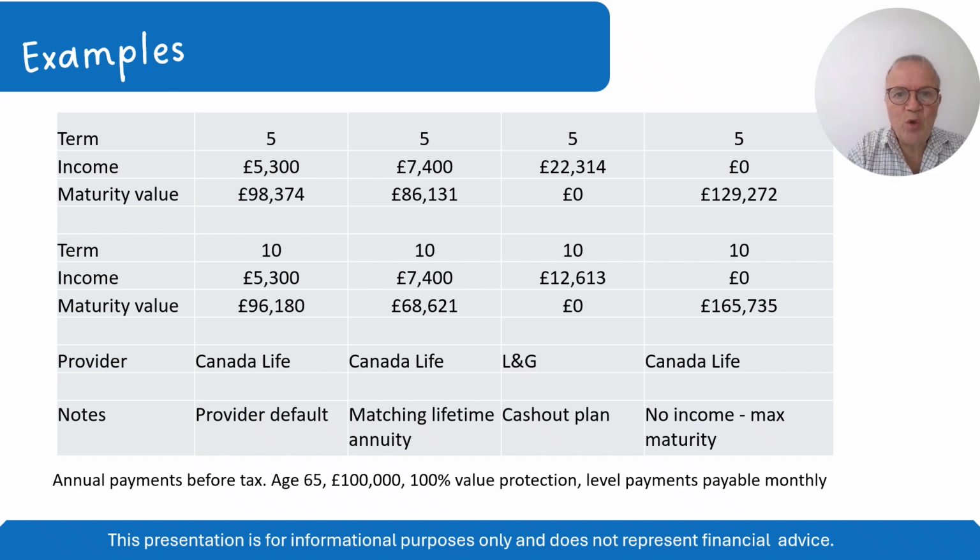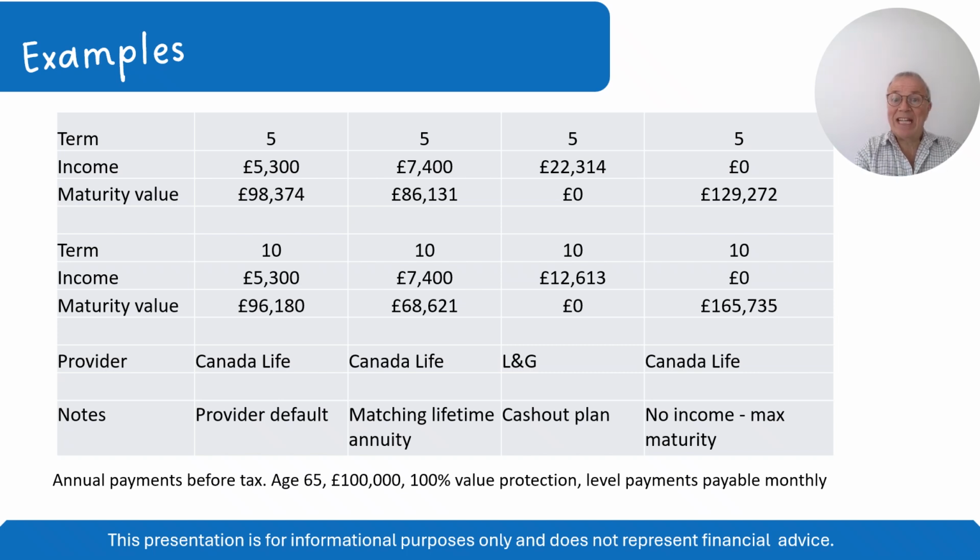Option 2 is matching the lifetime annuity. You can get £7,400 a year gross for a level annuity, and you could take the same income from fixed term and get either £86,000 back after 5 years or £68,000 back after 10 years.